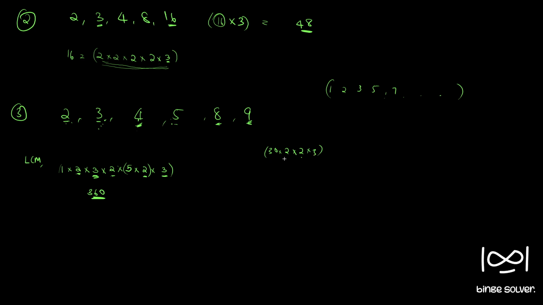So this becomes 120 into 3, which is 360. So we can find it out in a faster way as you solve more and more problems. You don't have to write every single element like this, but if it is very confusing to you in the initial stage, just write down all one by one like this. So that's how you find LCM of numbers.